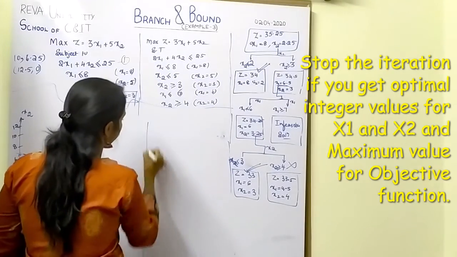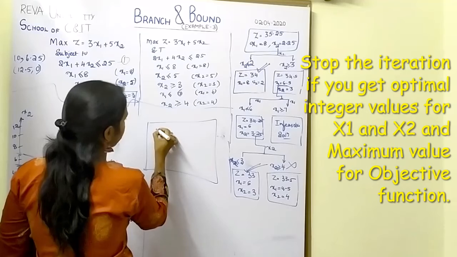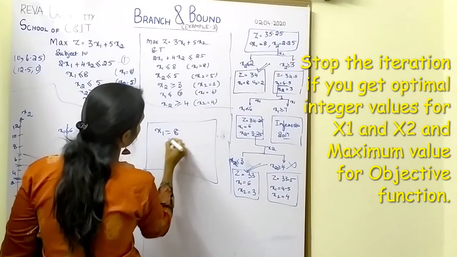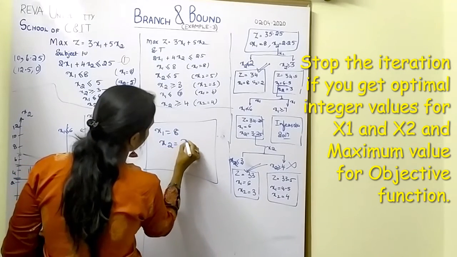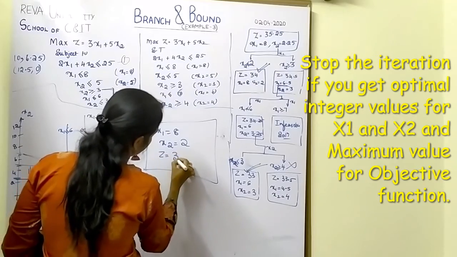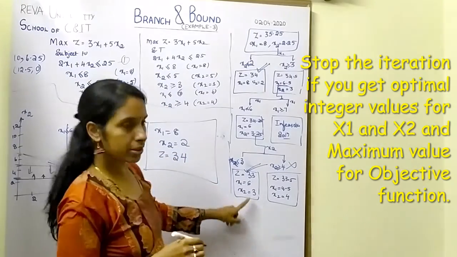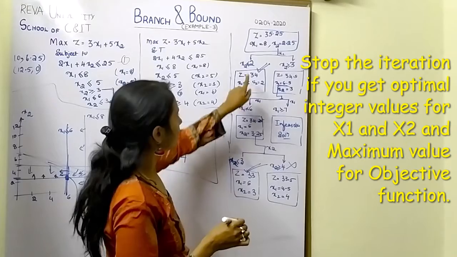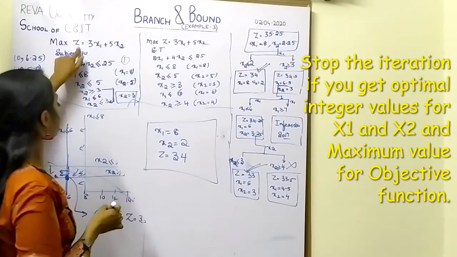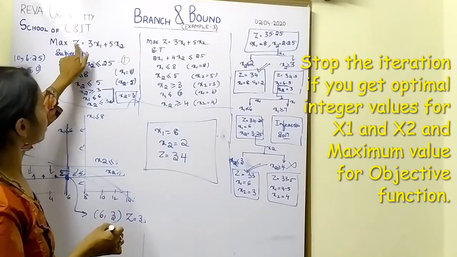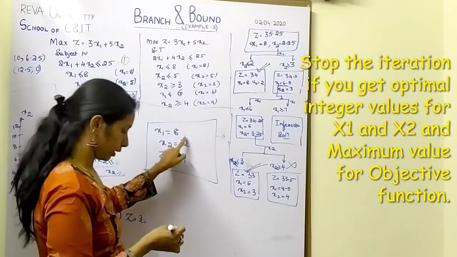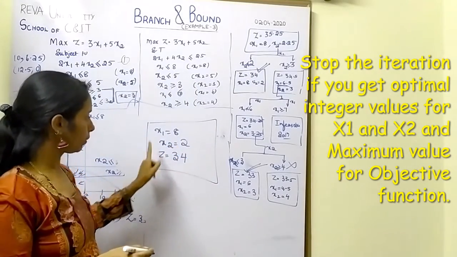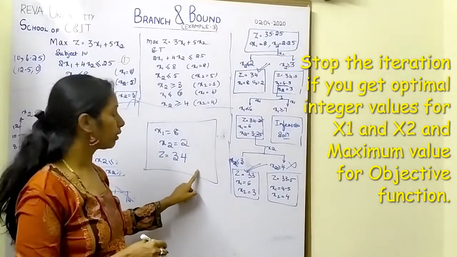So this will be our final answer. x1 is equal to 8, x2 is equal to 2, z is equal to 34. This is also a solution, but compared to this, this gives you the maximum objective function value z. So x1 is equal to 8, x2 is equal to 2, z is equal to 34.